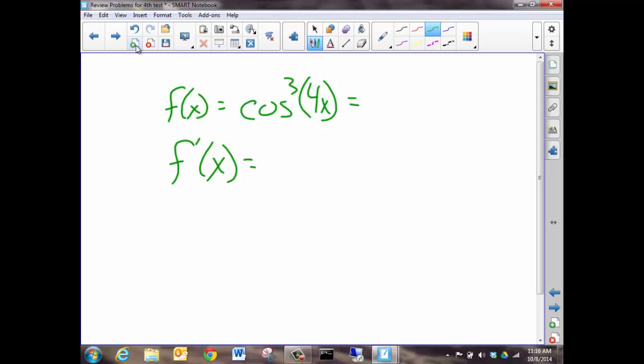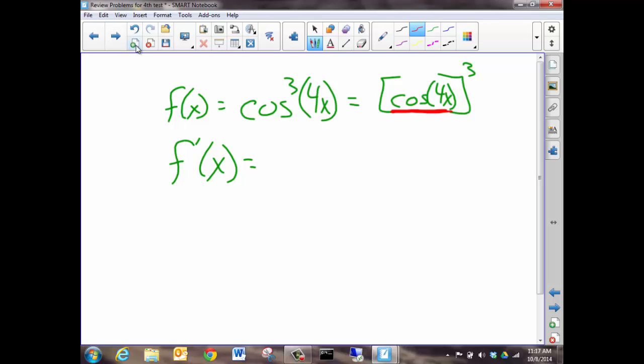So in this particular problem, I'm going to rewrite this instead of the cosine cubed 4x like that: the cosine 4x, the whole thing is being cubed. All right? That's another way to recognize that. Now, when I look at it like I've got it written here in the brackets, it's easier to see that the inside function is cosine 4x.